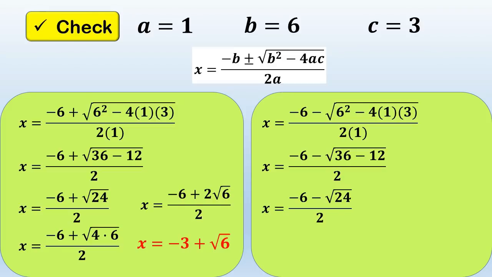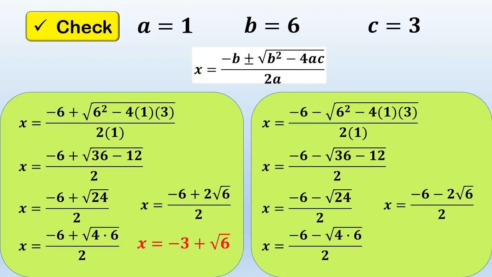So, we have here negative 6 minus square root of 4 times 6 over 2. Now, copy again negative 6 minus square root of 4. Since 4 is a perfect square, we can simplify that. So, it will become negative 6 minus 2 square root of 6 over 2.